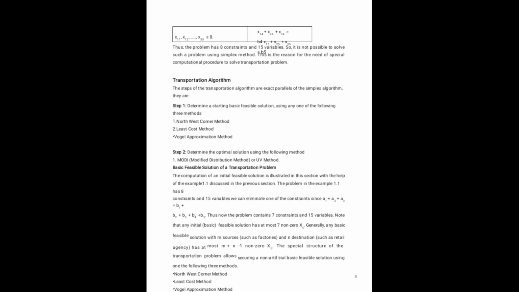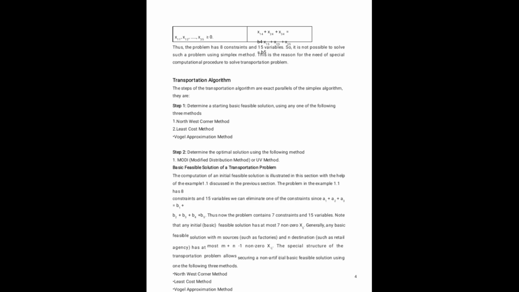Then minimize C11 x11 plus C12 x12 plus etc. plus C35 x35, subject to x34 plus x35 equal to A3, x33 equal to B3, etc., and x11, x12, ..., x35 greater than or equal to 0. Thus the problem has 8 constraints and 15 variables, so it is not practical to solve such a problem using the simplex method. This is the reason for the need of a special computational procedure to solve the transportation problem.